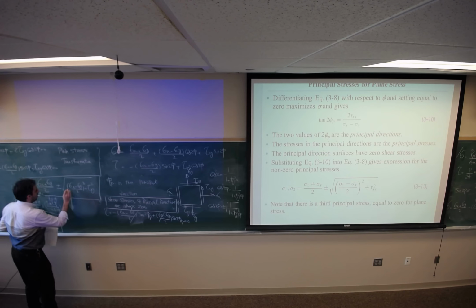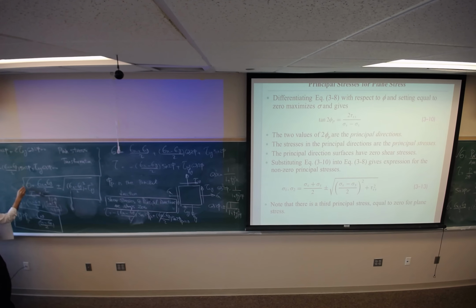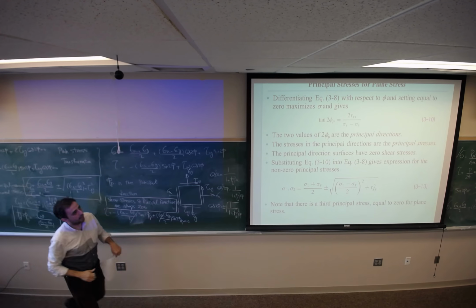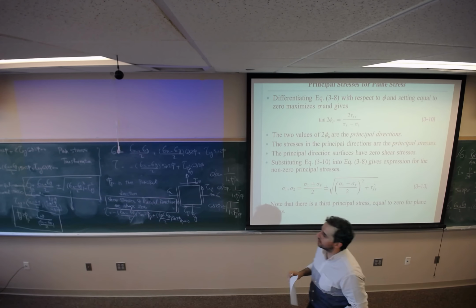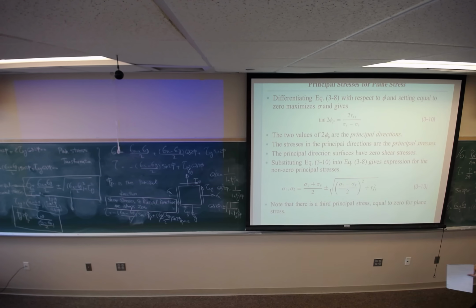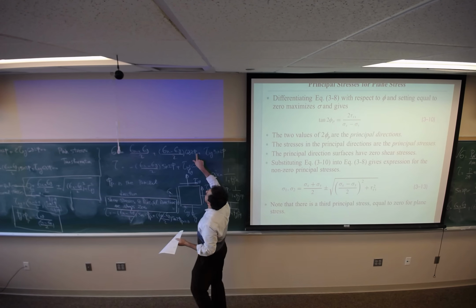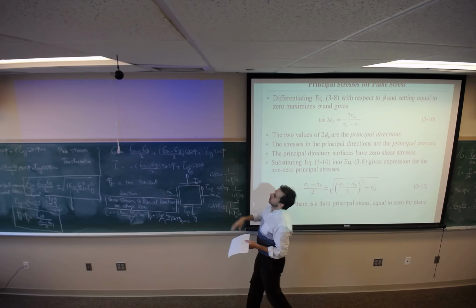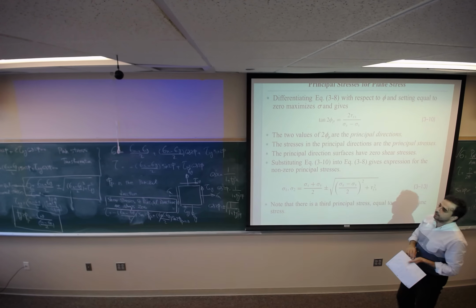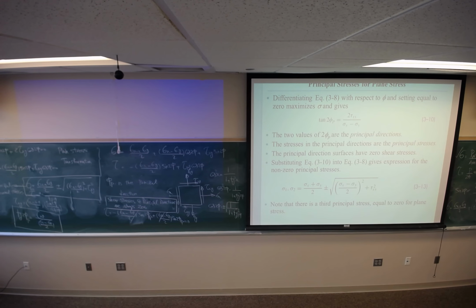So sigma 1 and 2 are the principal normal stresses. Again, what will be the principal normal stresses? They are normal stresses corresponding to phi p. And what is the phi p? Phi p is the principal directions.